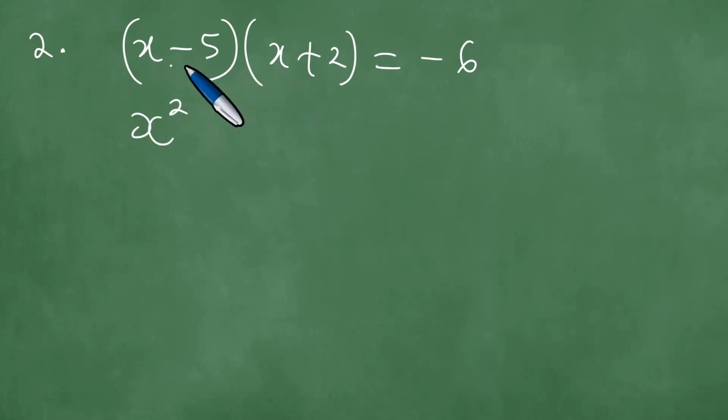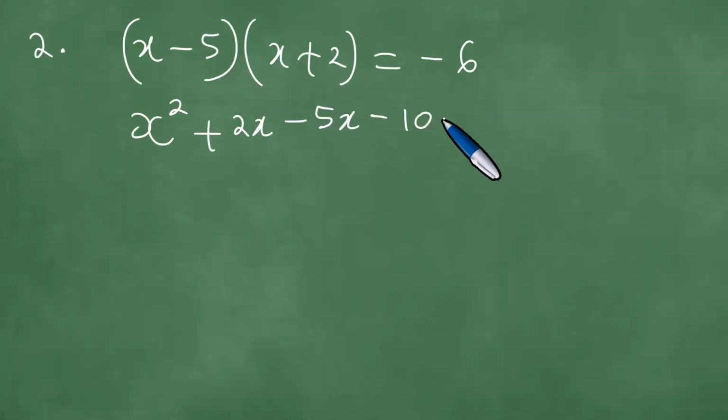Then we have x times 2, which is 2x, minus 5 times x. Minus 5 times 2, what is that? We get negative 10, equals minus 6.